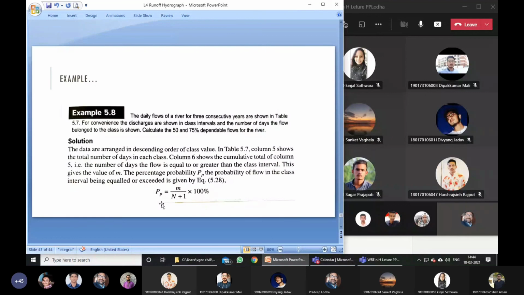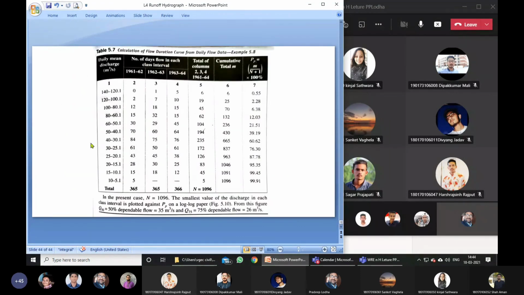This is the percentage value PP to calculate. That gives the percentage probability which we have drawn on the x-axis. On the y-axis is the discharge value. So we get this FDC, flow duration curve, like this.